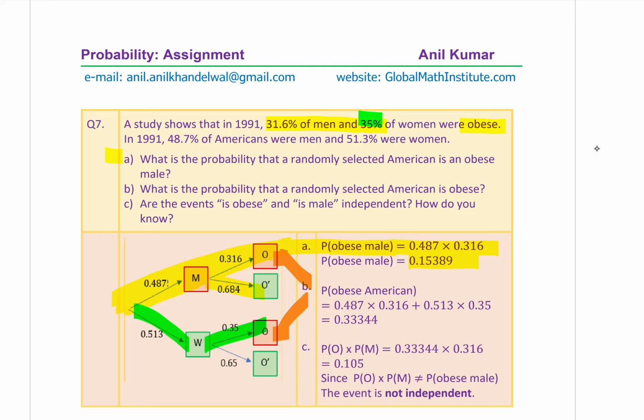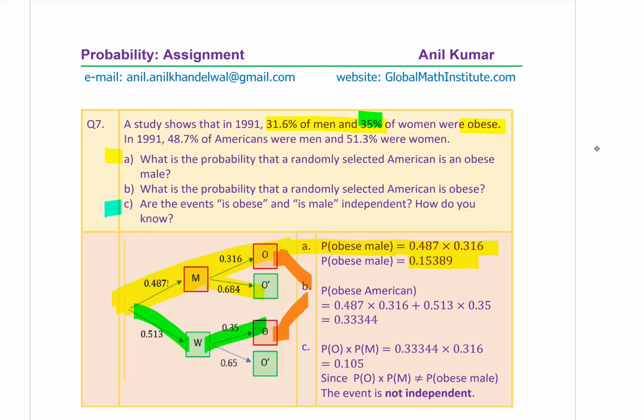Part C here is, are the events is obese and is male independent? How do you know? So we learn that for independent and dependent events, we could find the product of the probability of A and the probability of B. If that is the same as the probability of A and B, in that case they are independent. Otherwise, they are dependent.